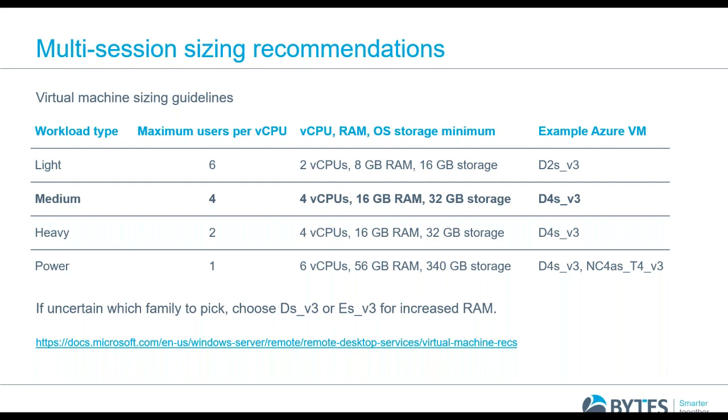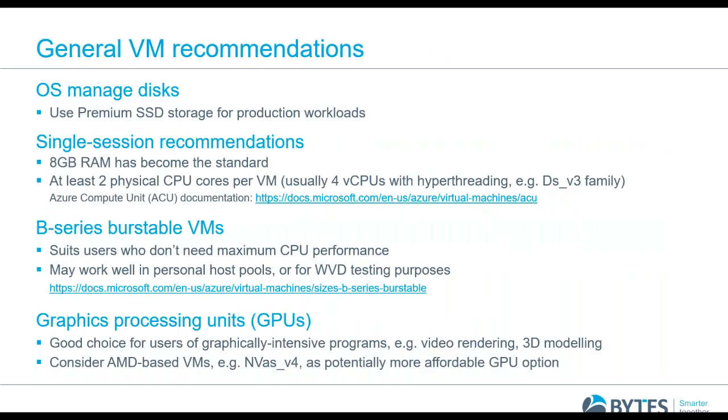And some additional stuff. Generally recommend premium SSDs for production workloads of the session hosts. Generally don't recommend standard HDDs for those users. If you're doing single sessions, try to get at least 8 gigs of RAM and at least 2 physical CPUs.